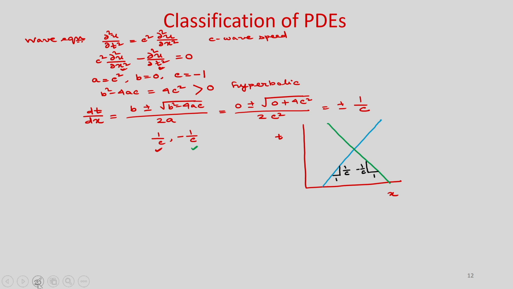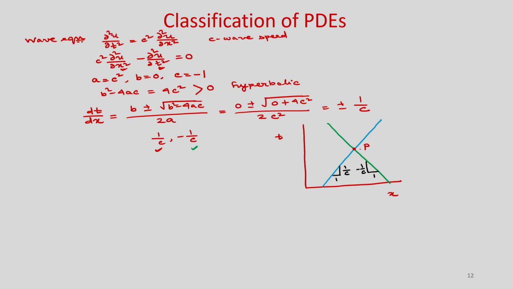Here you can see that you will get right travelling waves and left travelling waves, and at any point P, you can have two characteristics, one with positive slope and another with negative slope.